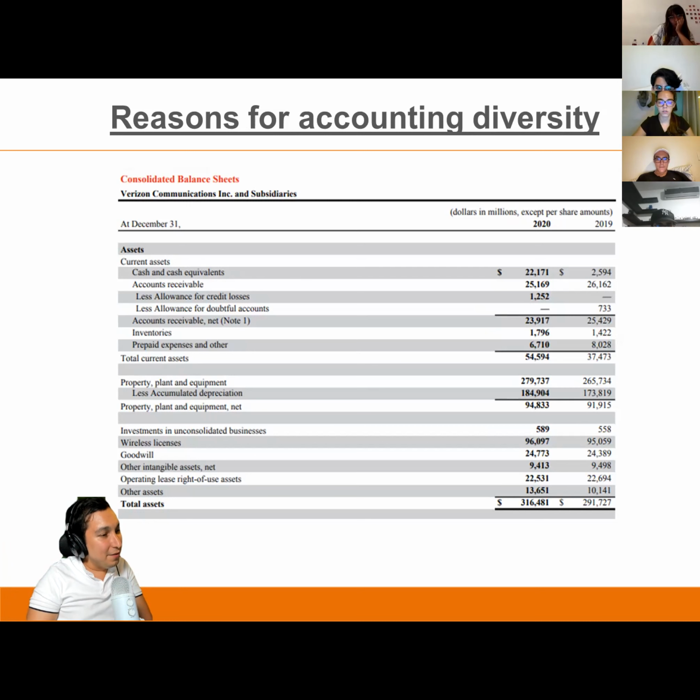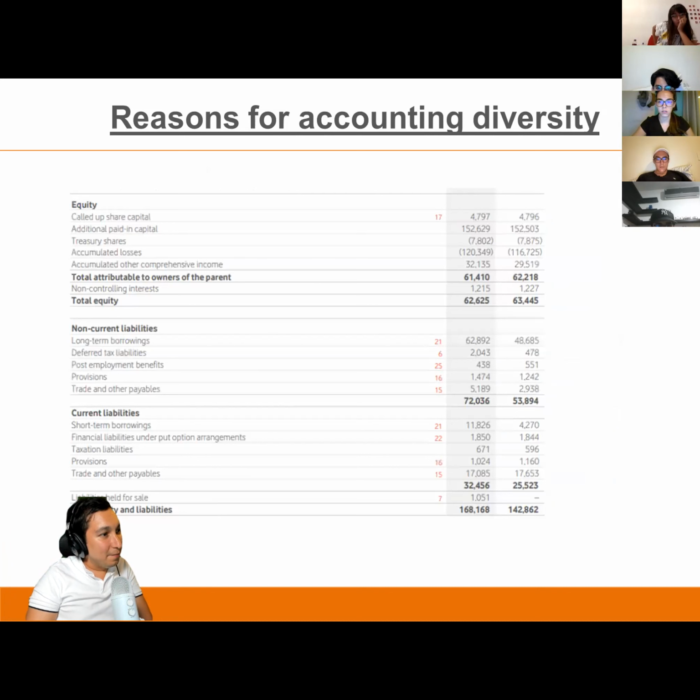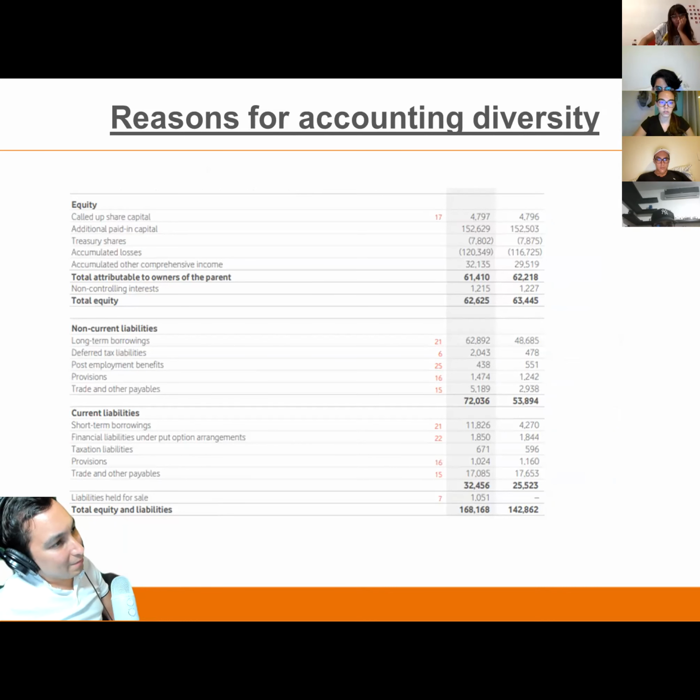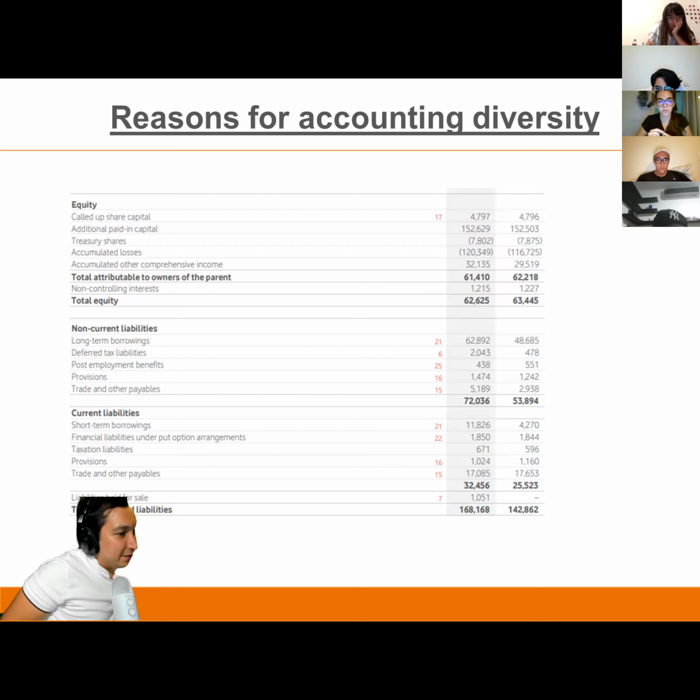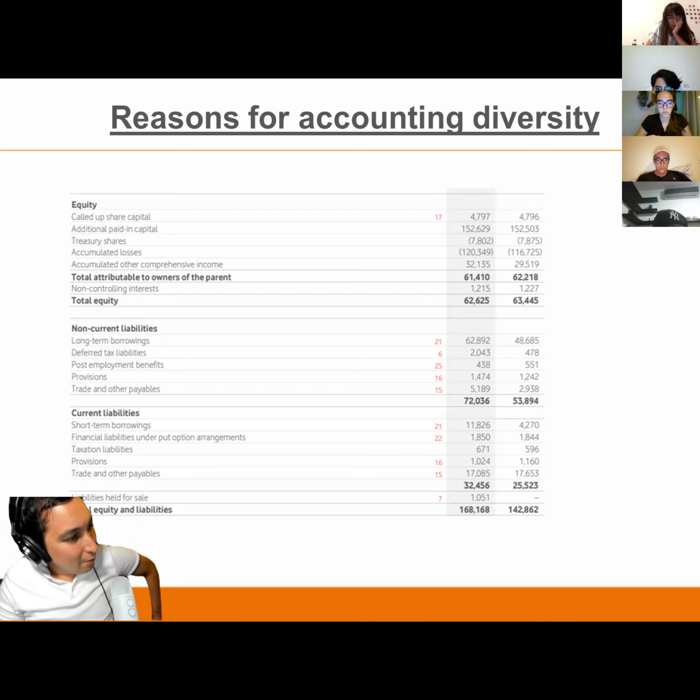We start with the differences in here. What happens with the total equity and liabilities? What are provisions?